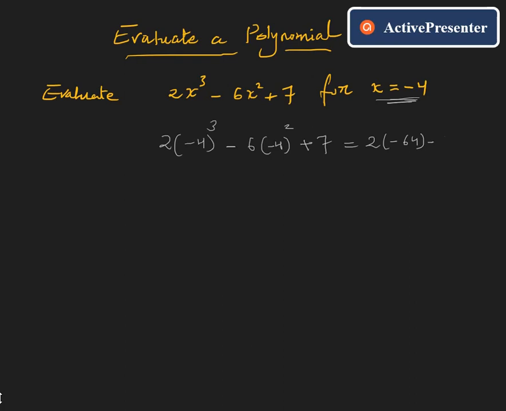So it should be minus 96, plus 7. So the final answer should be minus 128 minus 96 plus 7, which is equal to minus 217. Okay, this is how you evaluate.